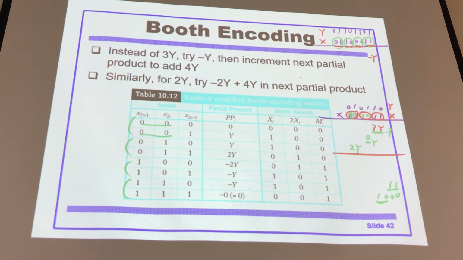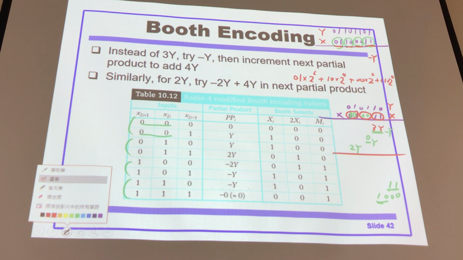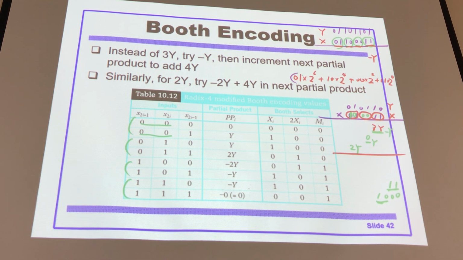That means 0, 1 times 2 to the 6 bit. I'm sorry, yeah, 6 bit plus 1, 0 times, plus 0, 0 times. You see that? 0, 1, 1, 0, 0, 0, 1, 1.